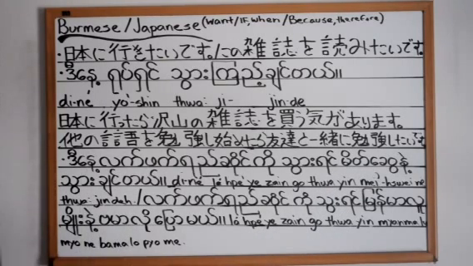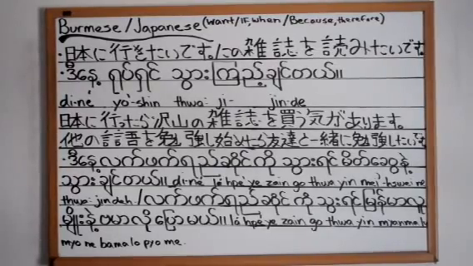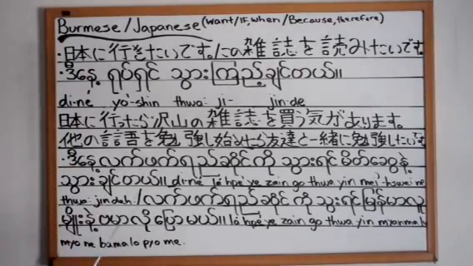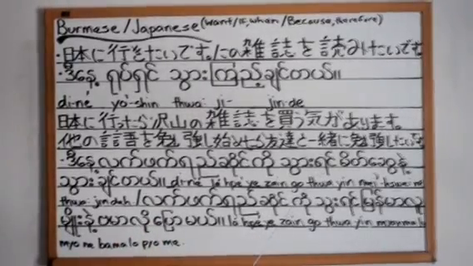So, what is that? That is, today, if I go to the tea shop, or when I go to the tea shop, I want to go with a friend. Today, if I go to the tea shop, I want to go with a friend.